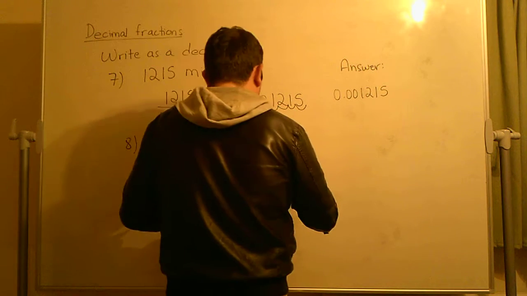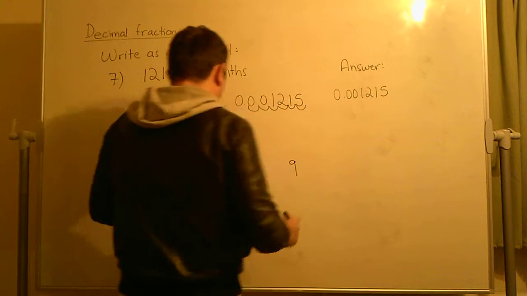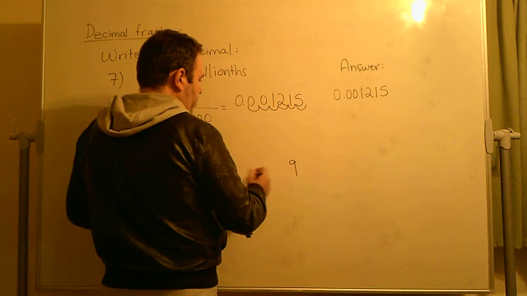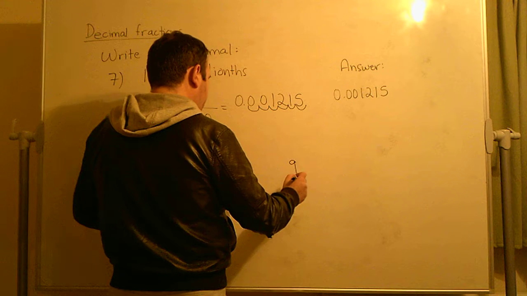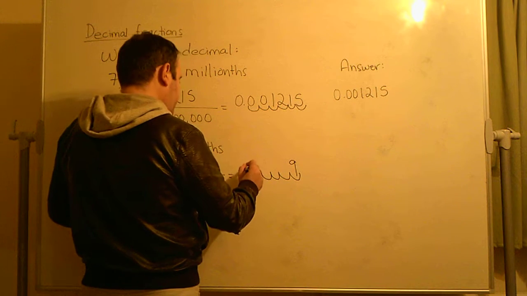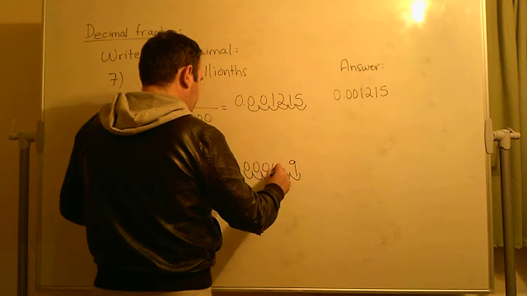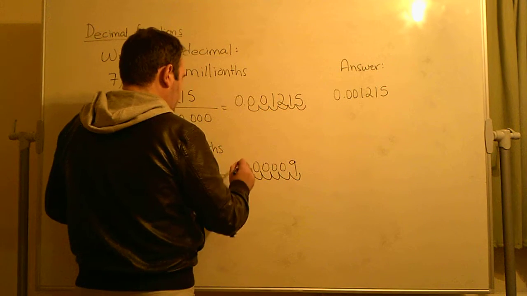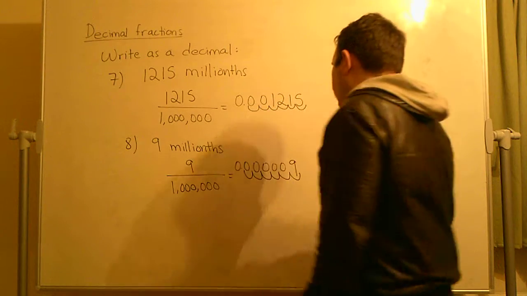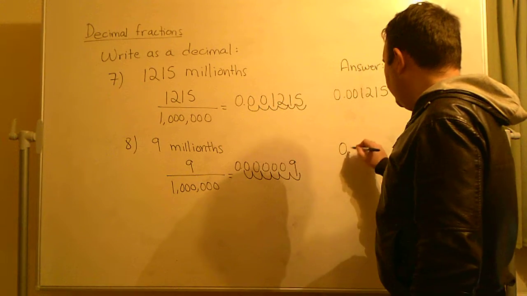So we start with 9 here. How many zeros do we have? 6. So how many places do we have to move this to the left? 6, yeah? 1, 2, 3, 4, 5, 6. So this will be the answer. 0.